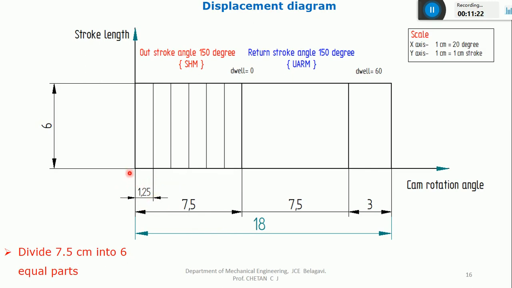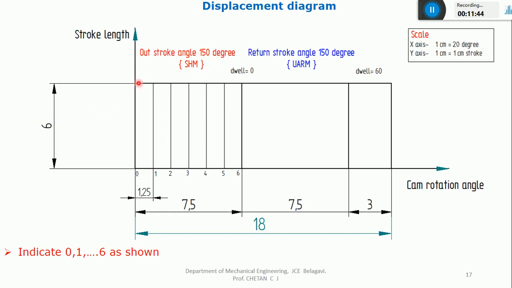And I'll give the naming 0, 1, 2, 3, 4, 5, 6, like this. And I'll use this semicircle method to draw the displacement diagram for this outstroke, because it is mentioned in the problem that the outstroke is with a simple harmonic motion. It means for simple harmonic motion I'll use the semicircle method.